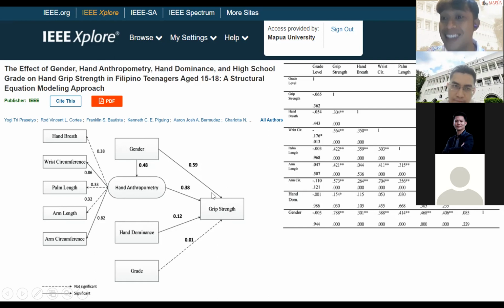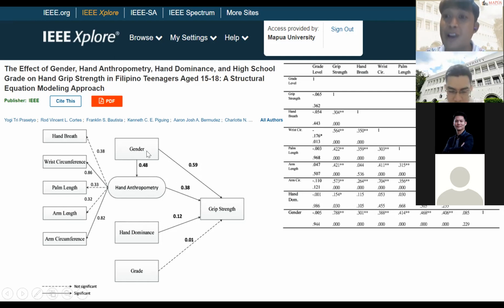But I would like to see this one. Gender actually has a direct and an indirect effect. For example, take a male and a female, both 180 centimeters, who have exactly the same hand size. But who is still stronger? Male is still stronger, even with the same hand size.